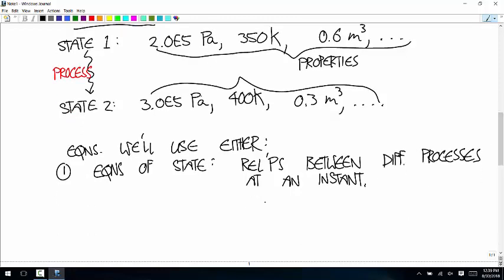An example of this is the ideal gas law. The form that you're probably most familiar with is pressure times volume is equal to N times RT. For us, this R is going to be our over bar. I'll talk more about that in a second.